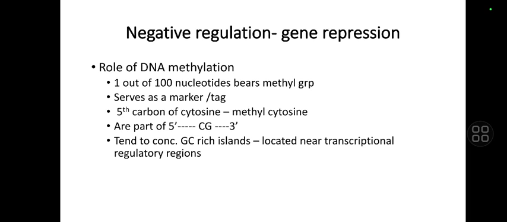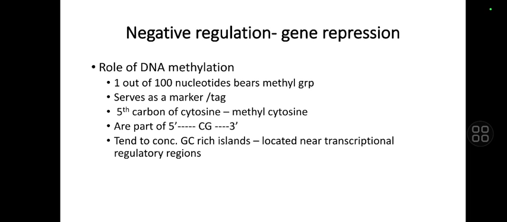So DNA methylation is a common feature in eukaryotic nucleotides, and 1 out of 100 nucleotides carries a methyl group. This methyl group is actually a marker or a tag to show that this portion is different from the other regions of a gene.